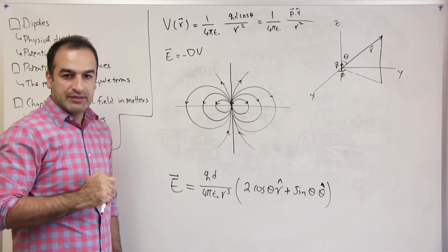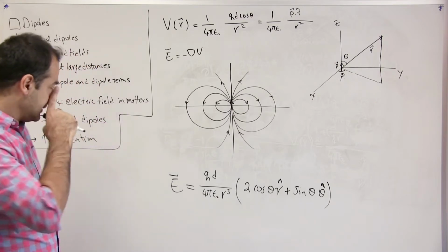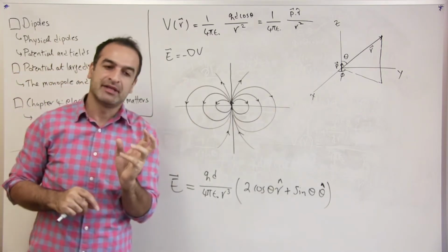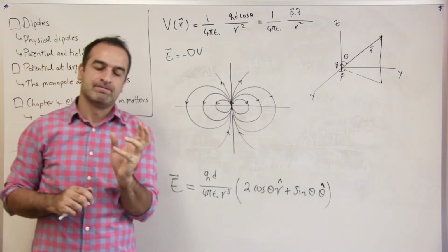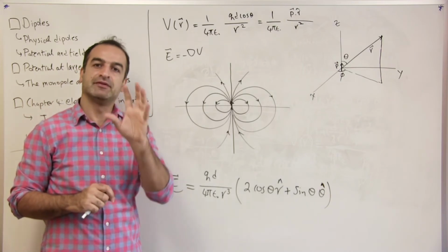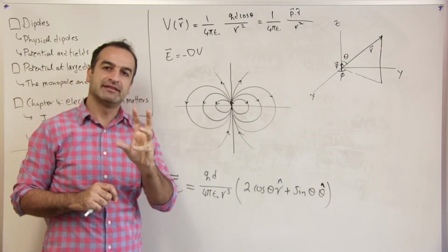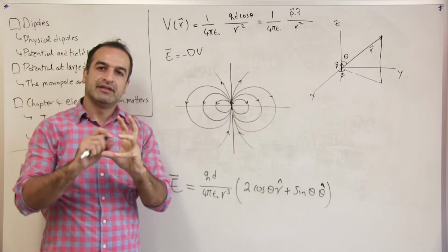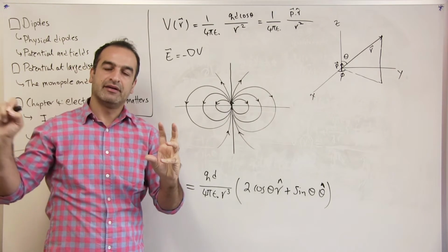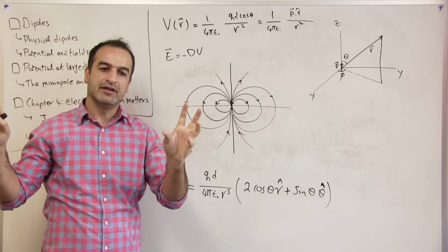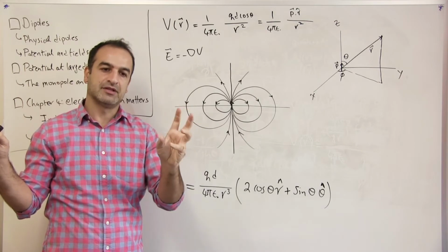So we are done with the dipoles. What I want to do next is look at a random distribution of charges and start by calculating the potential as an integral over all small charges, an integral over the volume of that random charge distribution.